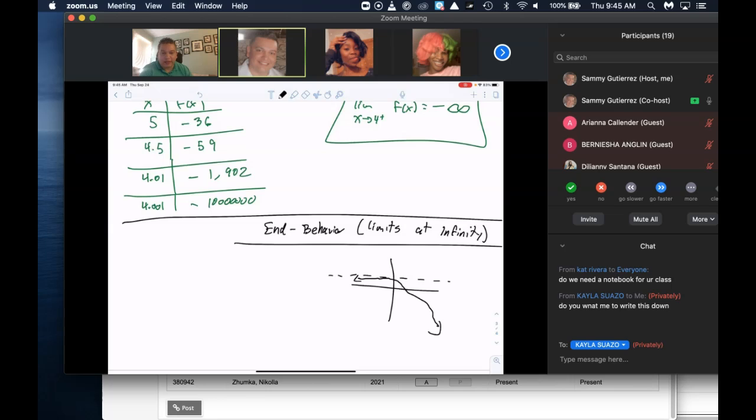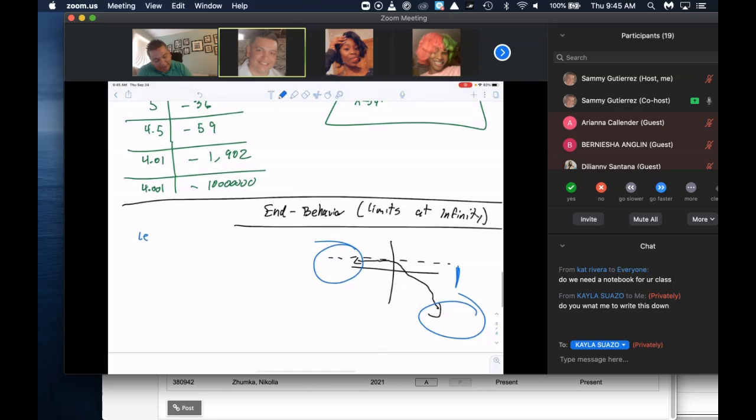You don't know that. And actually, I haven't even labeled the table either. So we want to find out what is happening over here and what is happening over here in regards to the x values. So for the left side, we write this as the limit as x approaches negative infinity.